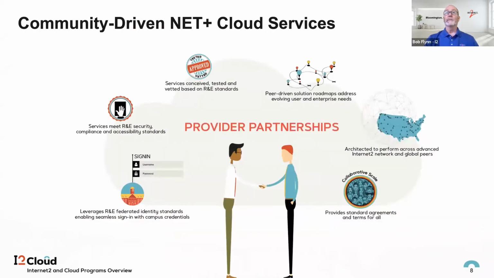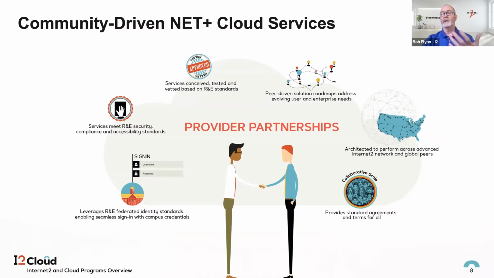And really it all comes together in the Net Plus program, where part of the contracts include the connection for the vendor to the peered network. We ensure that they're adhering to the identities and security standards.